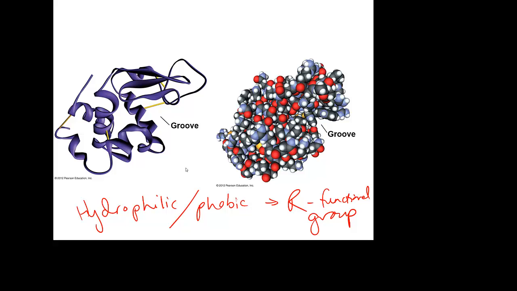And when it folds in your body, exposed to water, all of the hydrophobics are on the inside and all the hydrophilics are on the outside. It's going to form this groove, something known as an active site. This will be a critical piece of our enzyme discussion and how they actually function.